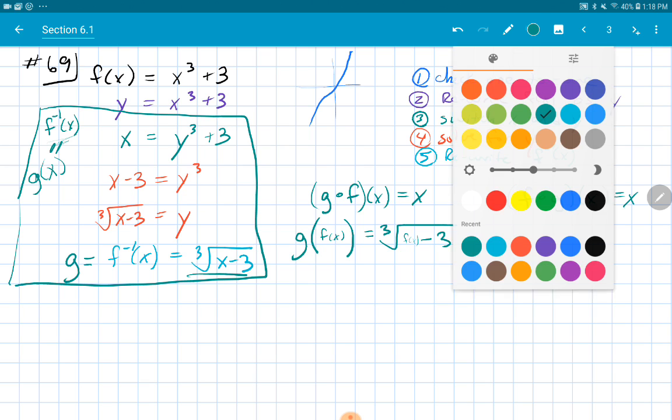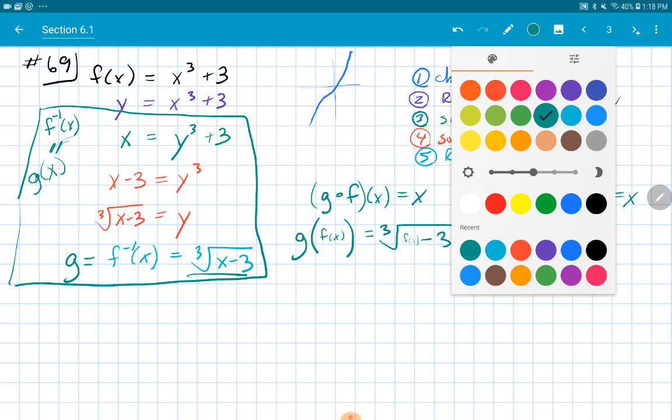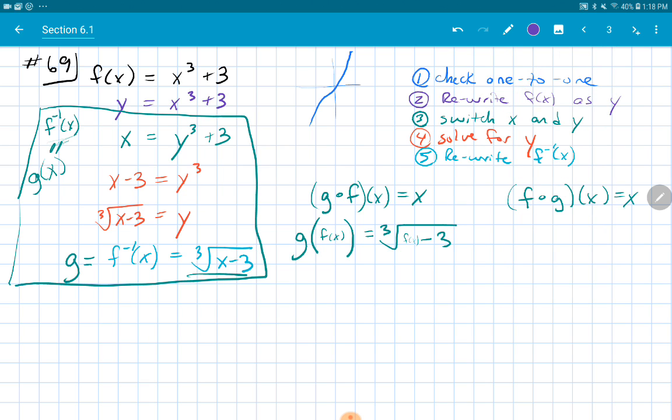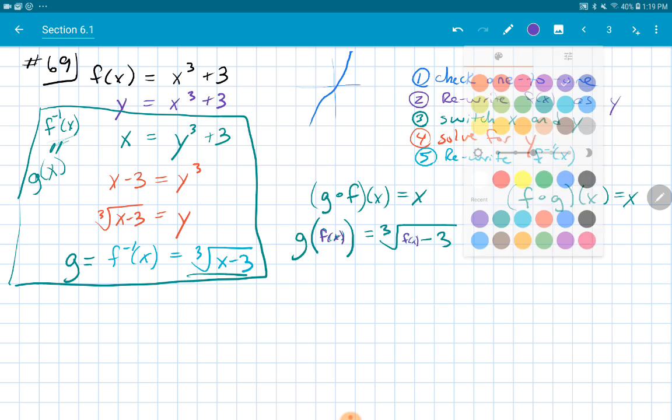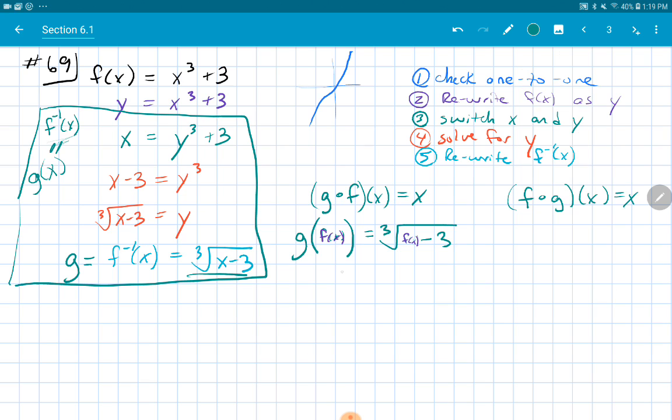So I'm just replacing that x with f of x. So instead of f of x, I can go see what f of x is, and I get this value. So I'm going to write x cubed plus 3.